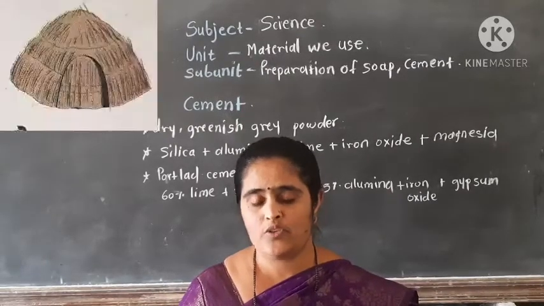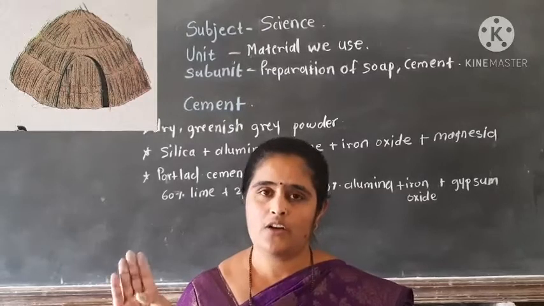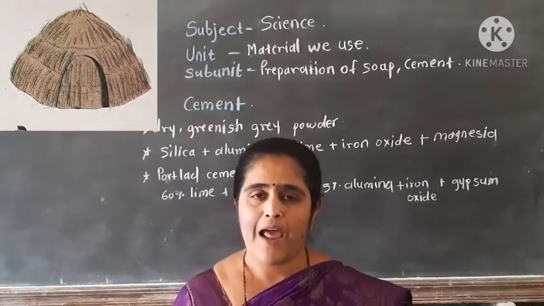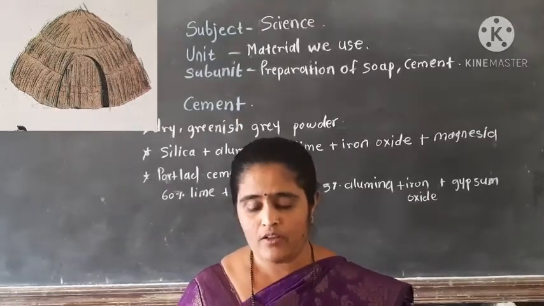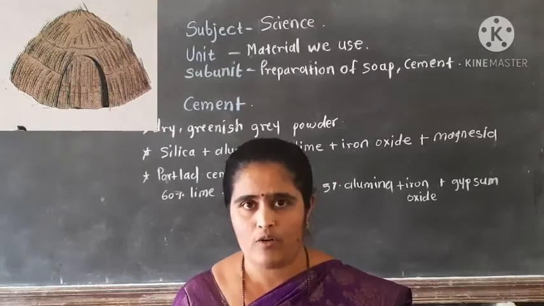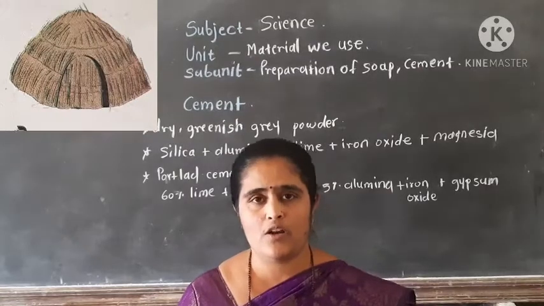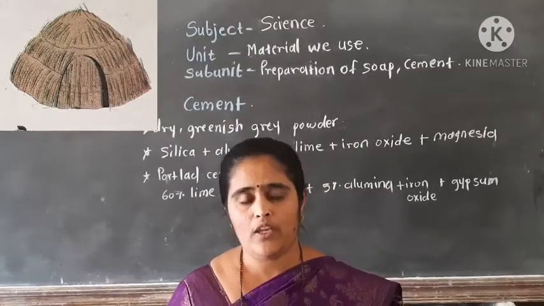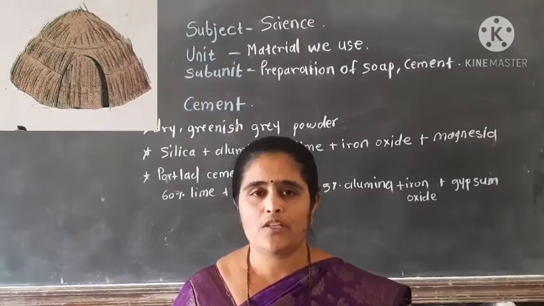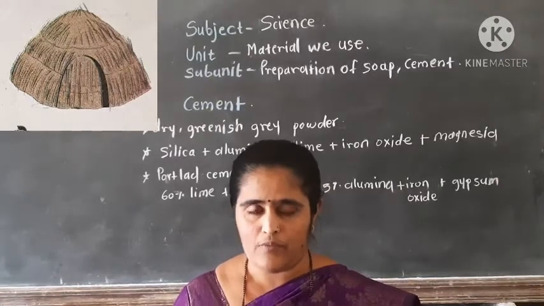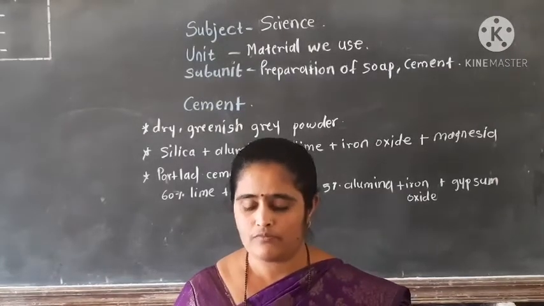Coming to the next picture, the house is made of plant-based material. These houses are not strong. Comparing the first and second pictures, both houses are not strong. When an earthquake comes, both houses collapse rapidly because the structure is not strong.